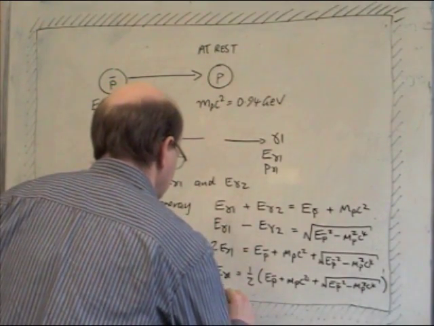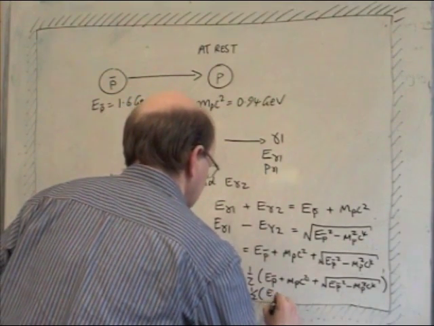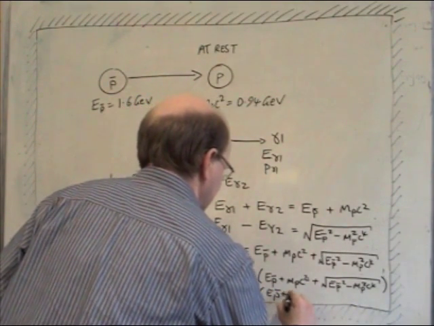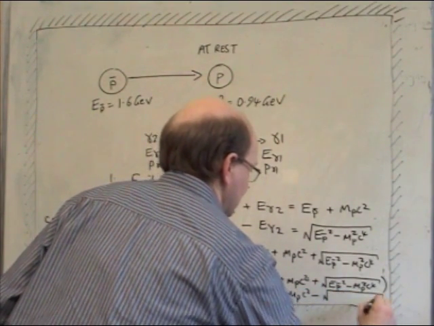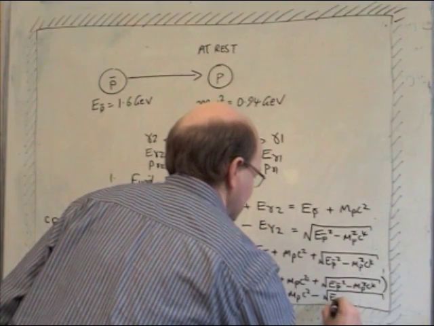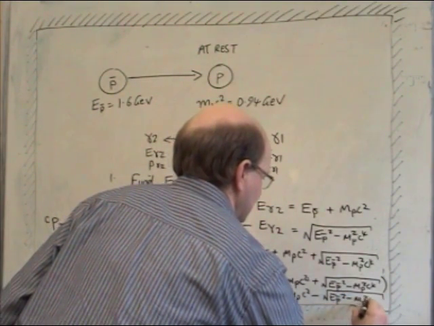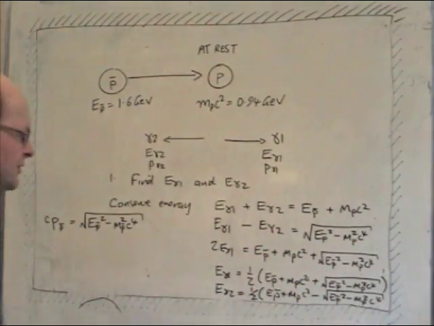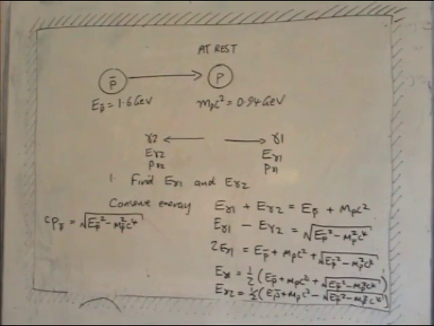So we can write E gamma 2 equals 1/2 of E P bar plus M P c squared minus the square root of E P bar squared minus M P squared c to the 4th. So there are the algebraic expressions for the energies of the two photons.